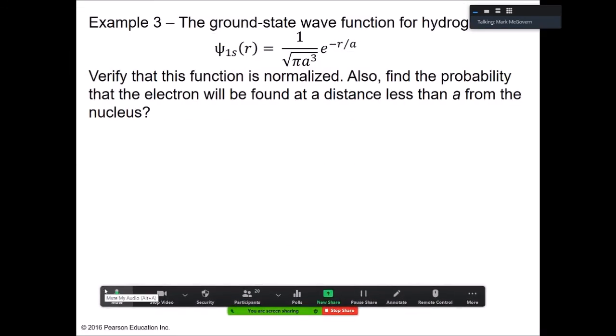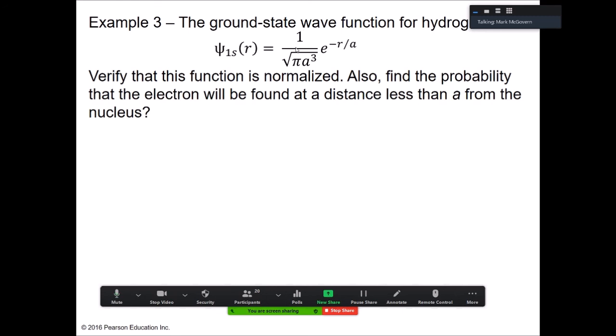It turns out that the wave function for the very first level of hydrogen, so it's the only one I'm really going to show you here, is this thing right here.